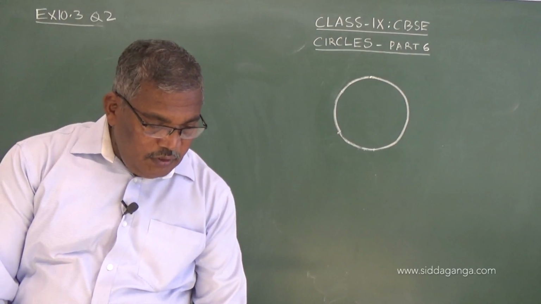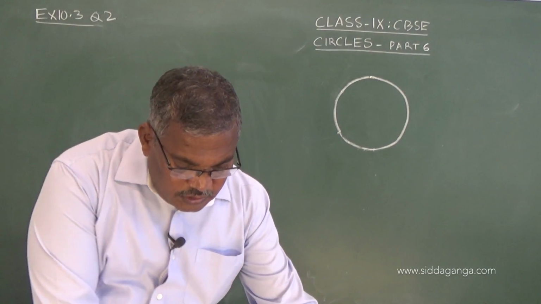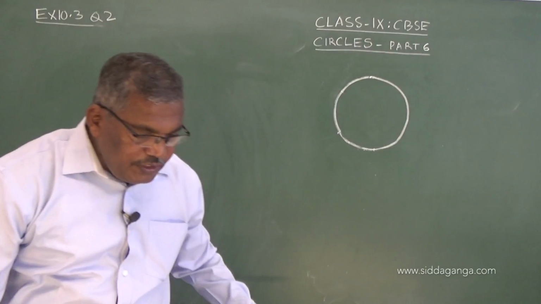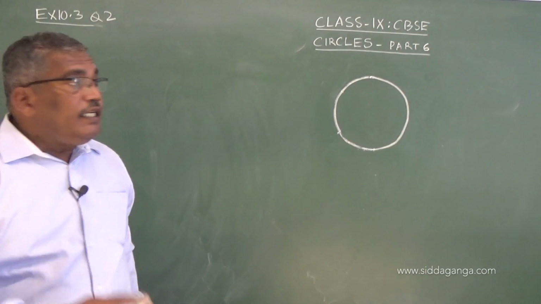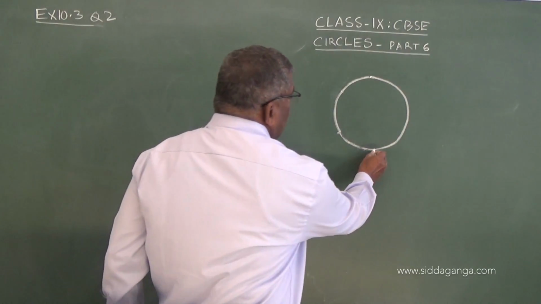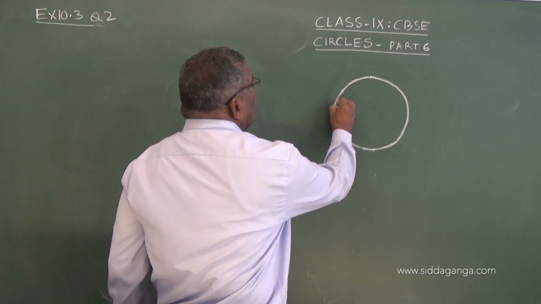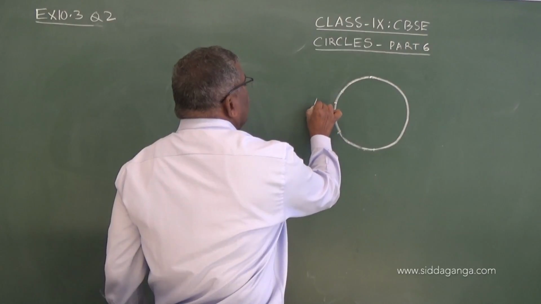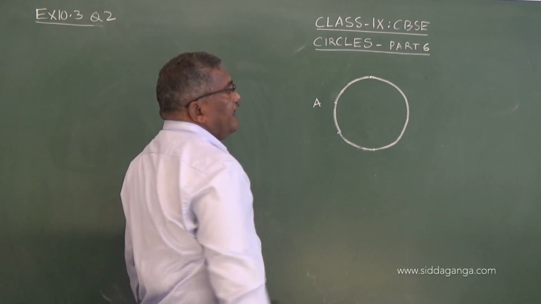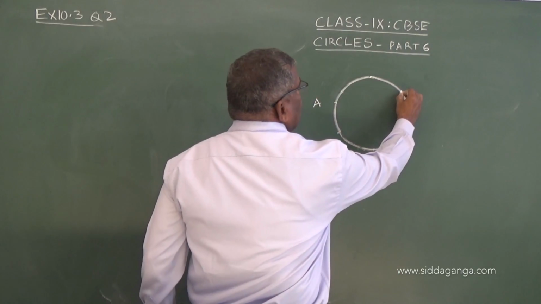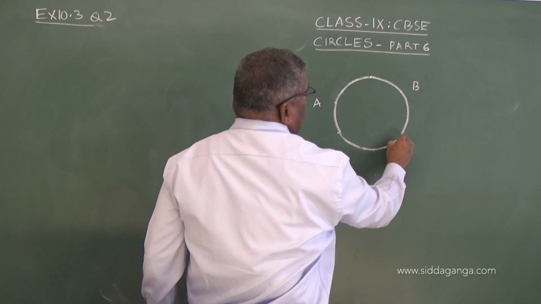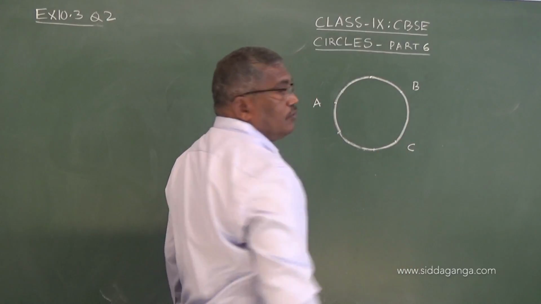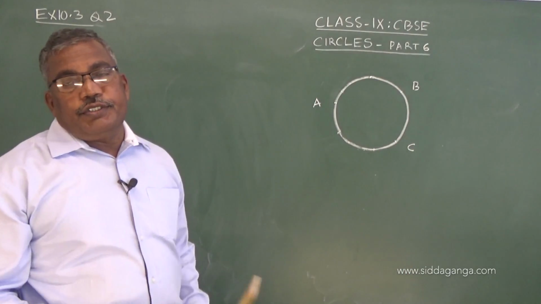Now, in this case, what we have to do is take any 3 points on the circle. So, let us take this point as point A, and this as point B, and this as point C. You take any 3 points.